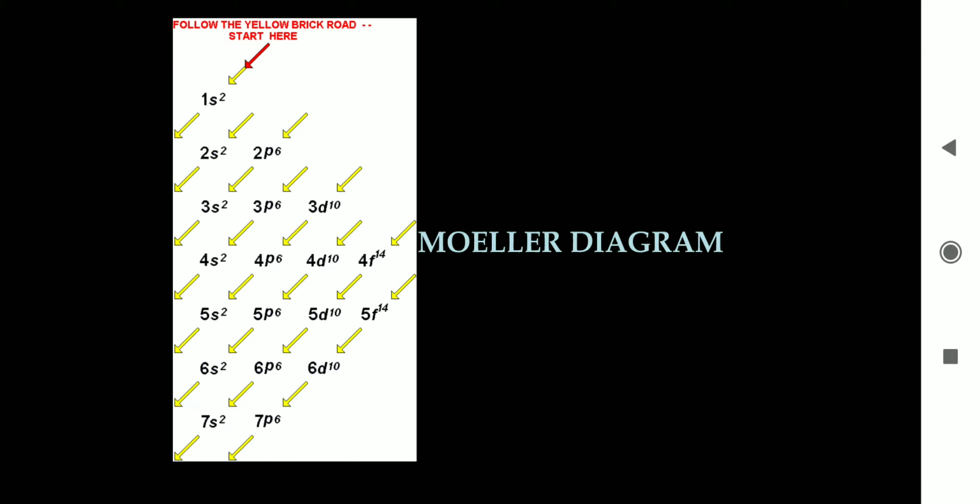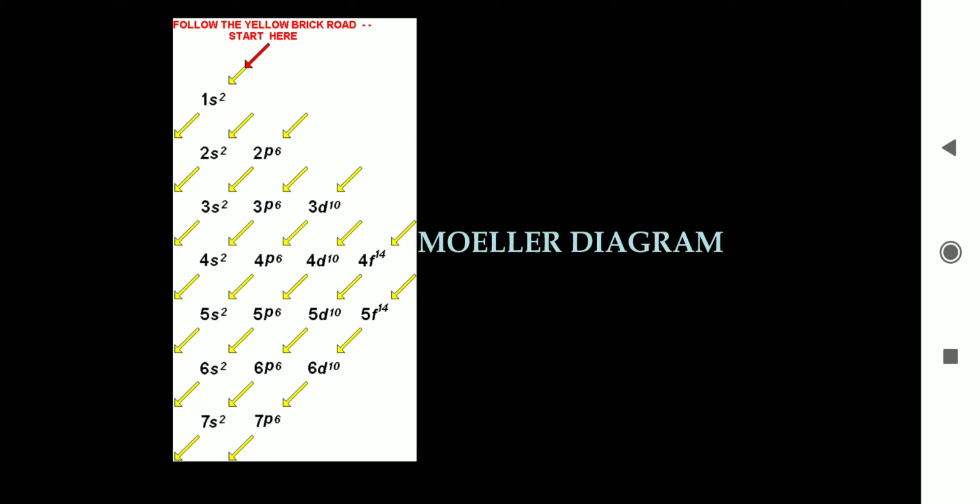Before discussing electron configuration thoroughly, we must know the energies of various orbitals. Here there are two methods to know the energy of orbitals.